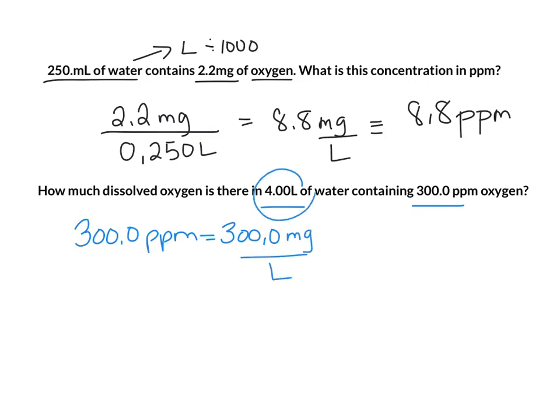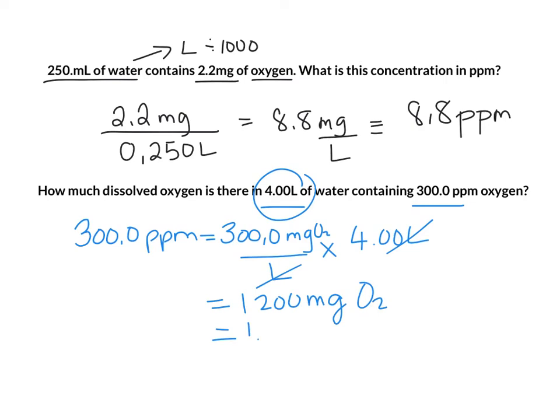We have 4 liters of water. So to figure out how much dissolved oxygen there is, we multiply by the liters, and we have 1200 milligrams of O2 to the proper number of significant digits.